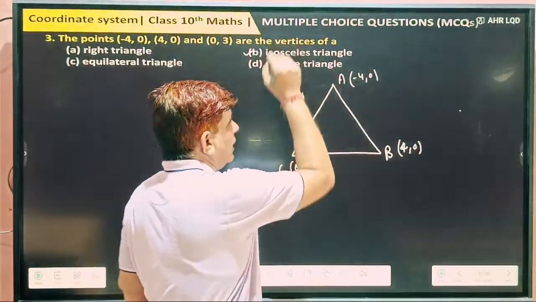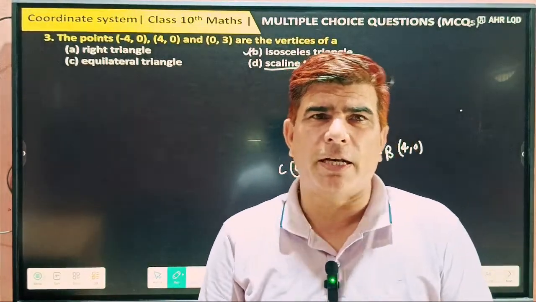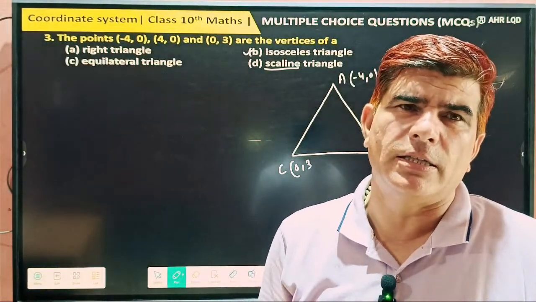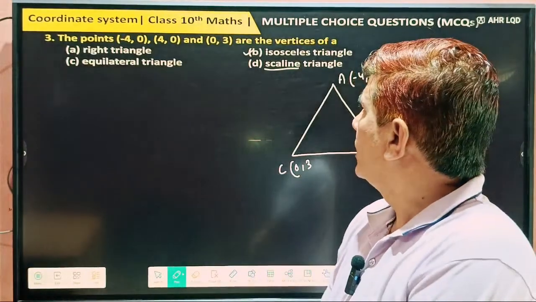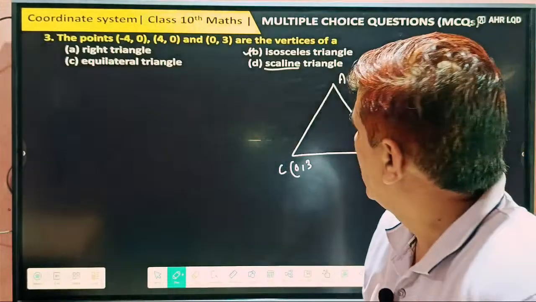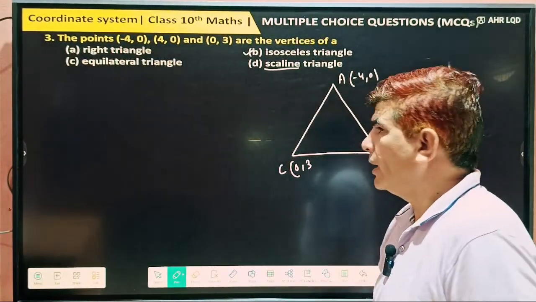Scalene triangle is that triangle whose all sides are different. Right angle triangle is that triangle whose one angle is 90 degrees. Equilateral triangle is that triangle whose all sides are equal. And isosceles triangle is that triangle whose 2 sides are equal.